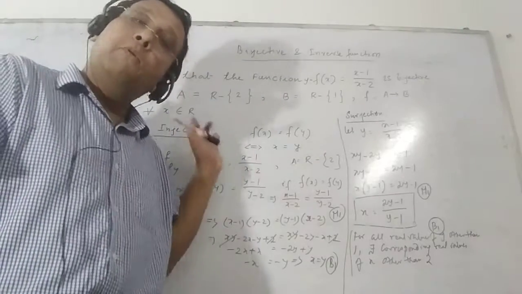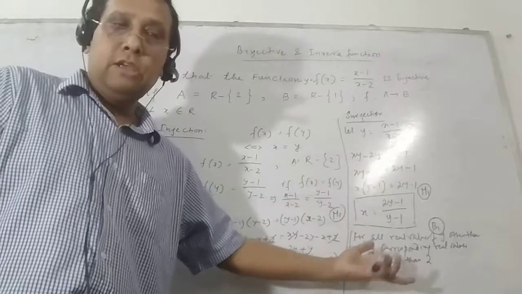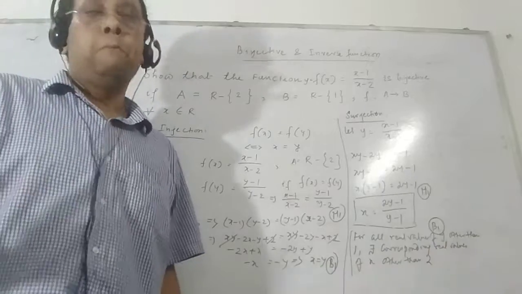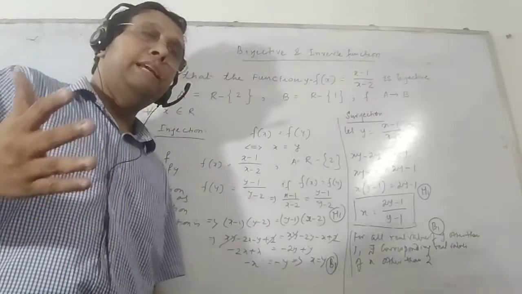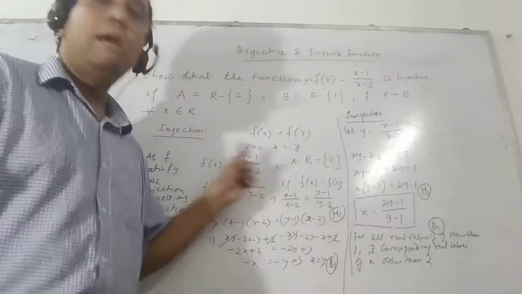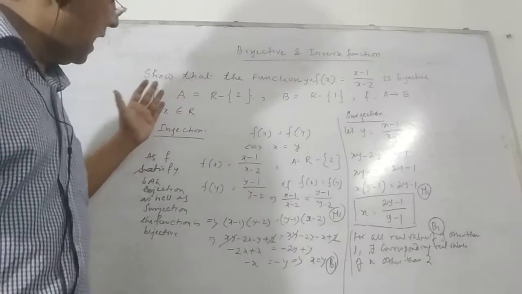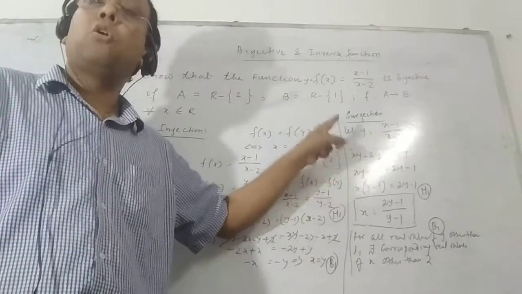Similarly, a function may be 1, 1, but it is not a surjection, that is, not onto. Suppose it is an into function. So if the function is 1, 1 but into, then also that function cannot be bijective. And as the function is not bijective, we cannot say the function is invertible. But here we have proved for this given condition that the function is 1, 1 as well as surjection or onto.